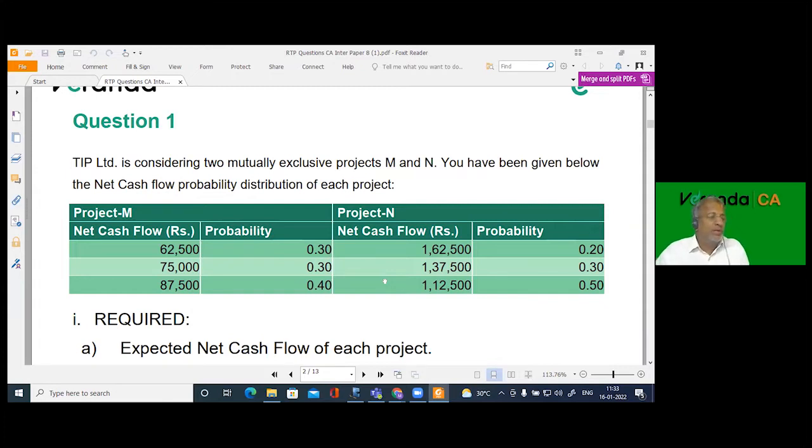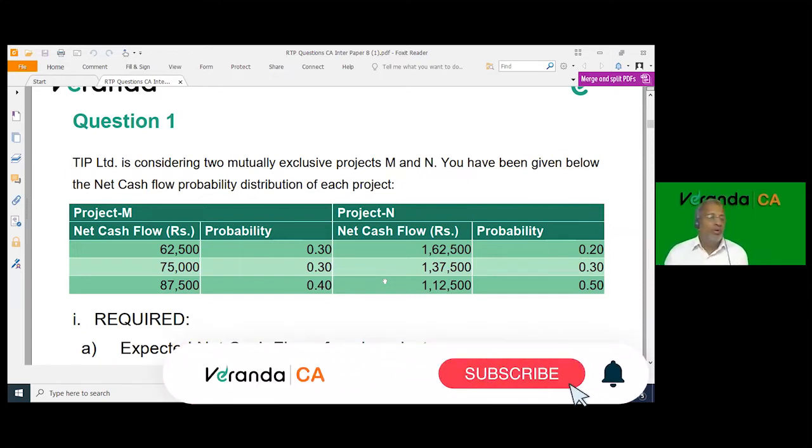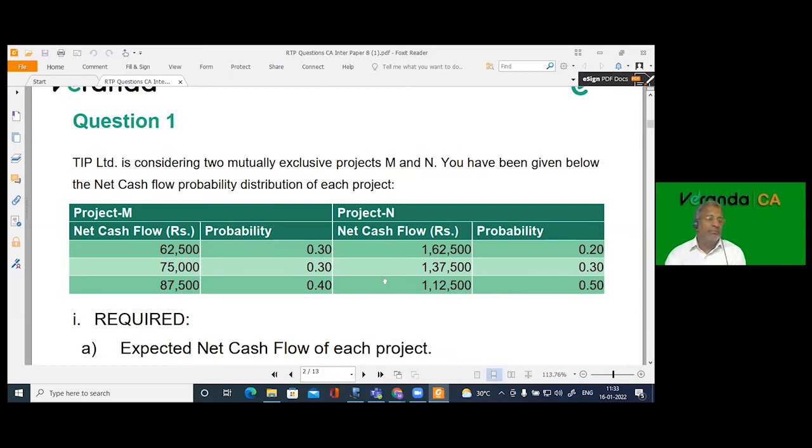Question number 1: TIP Limited is considering two mutually exclusive projects M and N. You have been given below the net cash flow probability distribution of each project. Project M: 62,500, 75,000, 87,500, with probabilities 0.3, 0.3, and 0.4.